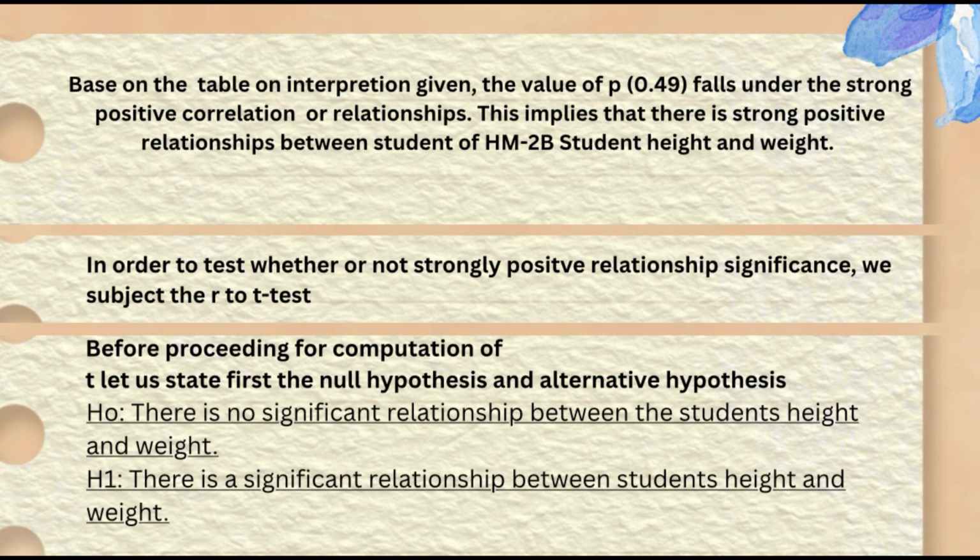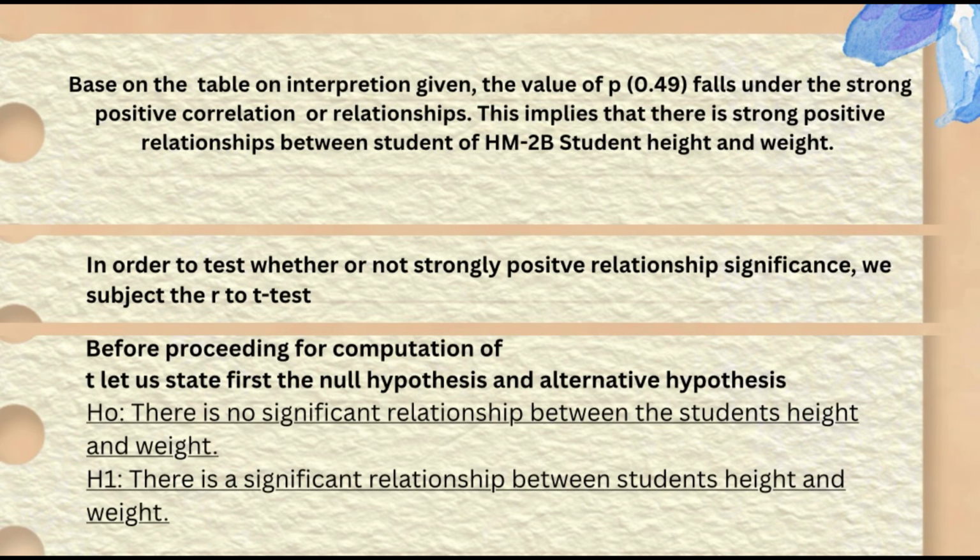In order to test whether or not this relationship is significant, we subjected the r to the t-test. This means that there is a positive relationship between two variables. In other words, as one variable increases, the other variable also tends to increase.